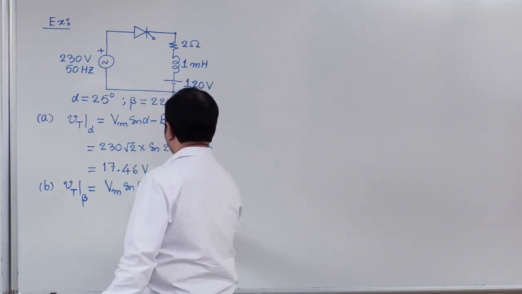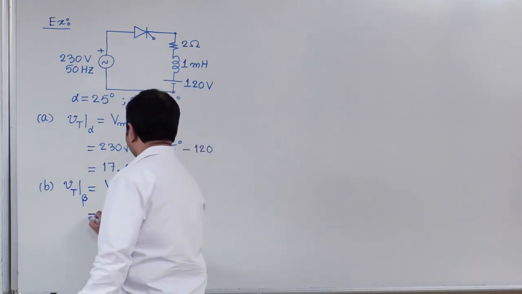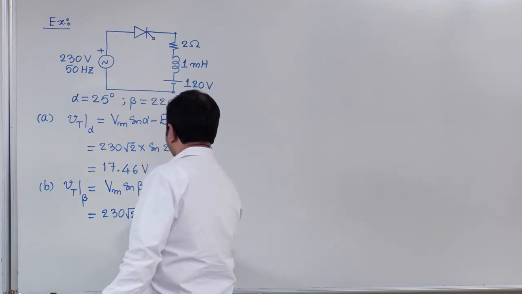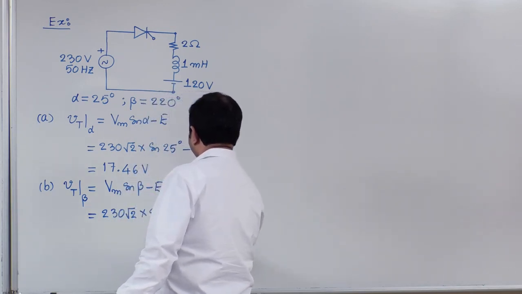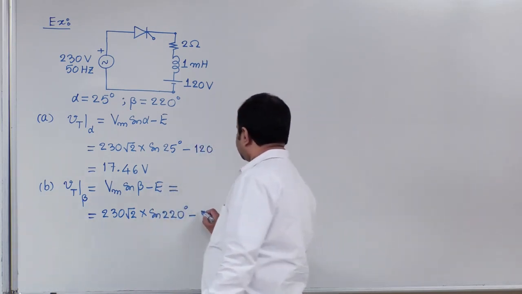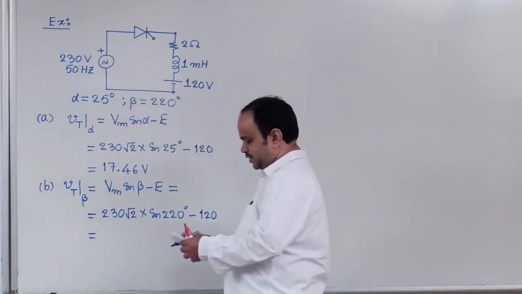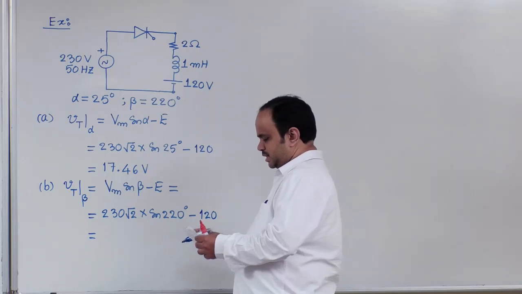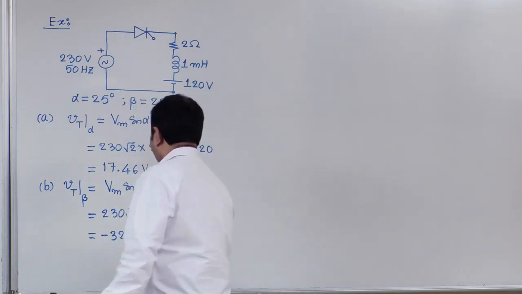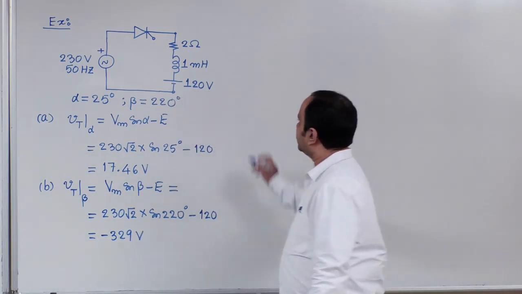Vm sin beta minus E. Let us substitute the numericals. 230 into root 2 multiplied with sin 220 degree minus load EMF, that is 120. So I got this value as minus 329 volt.